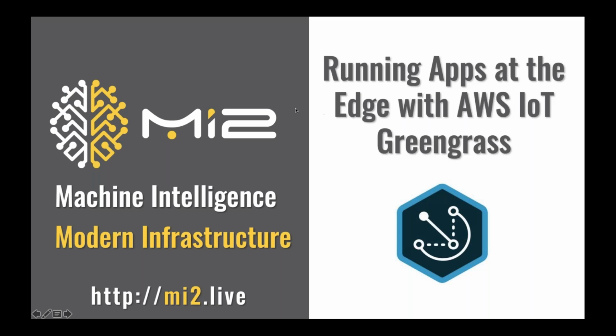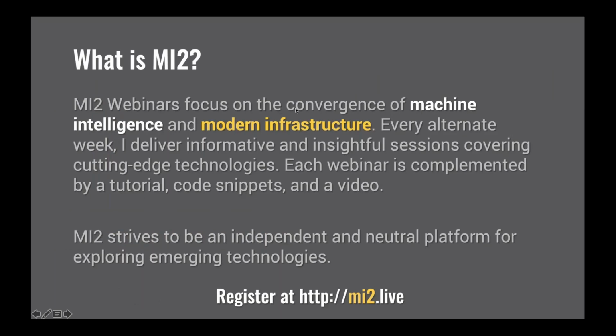All right. So what is MI2? MI2 webinars primarily focus on the emerging technologies in the space of machine intelligence and modern infrastructure. Every alternate week, I bring you informative and insightful sessions covering a variety of technologies, particularly in the space of machine learning and artificial intelligence, IoT and edge computing, containers and microservices.